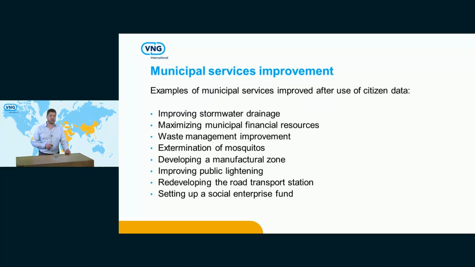The same goes for waste management improvement. Once again, that could also be a citizen project where citizens set up an initiative to do this themselves. But in this scenario, there are also scenarios where it is done by the local municipality themselves. Some other examples are the extermination of mosquitoes or improving public lighting.